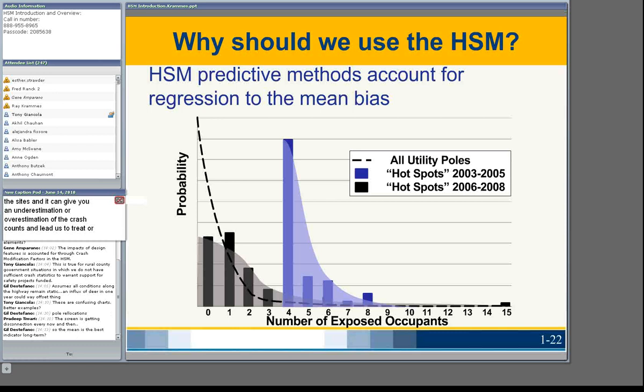Or the expected crash frequency for each of those alternatives. From a safety perspective, it can be used to communicate the safety within budget by selecting the countermeasures that are most effective. And if you have design exceptions, you can use a crash prediction to help or provide supporting documentation.